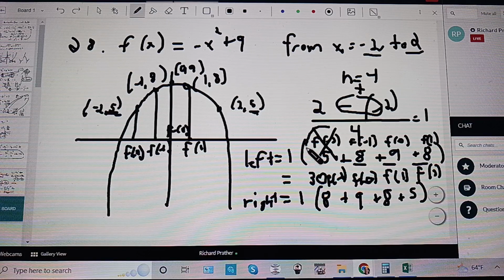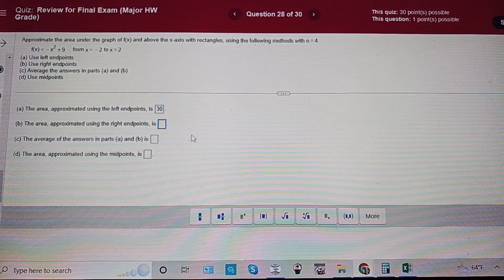Usually whatever value this one is, this one's different. And that means one of them is an overestimation and the other one's an underestimation. But here they're both going to be 30, just out of coincidence. And if you're ever averaging the same number twice, it's itself. The average of the same number is itself. And then the midpoint will have that same answer just by the symmetry of it all.